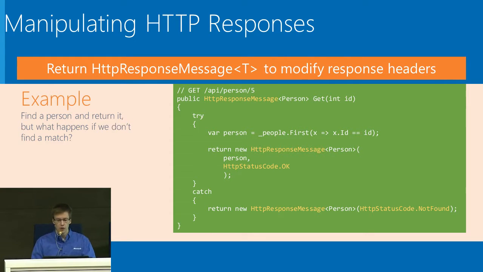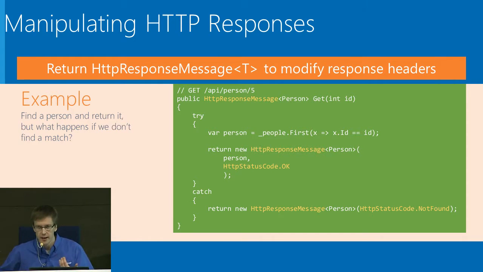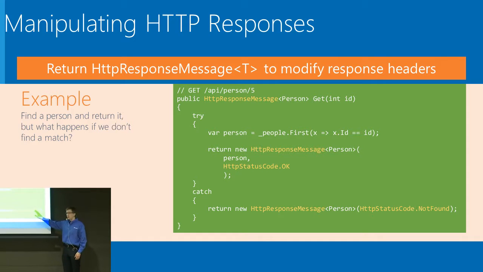So notice that at the bottom of this code example, there is also an example of how you would handle the situation where I'm asking for a person with an ID that cannot be found. And notice here again, like I mentioned in the API design slide, that I don't need to specify any special rules for how I would handle the situation.